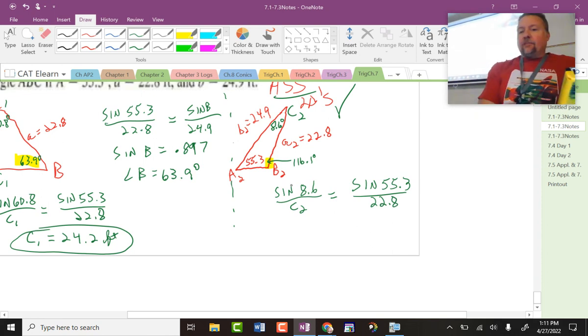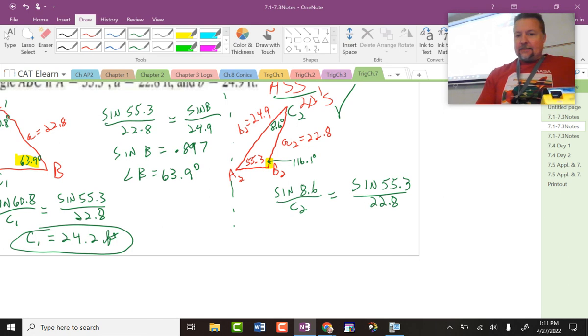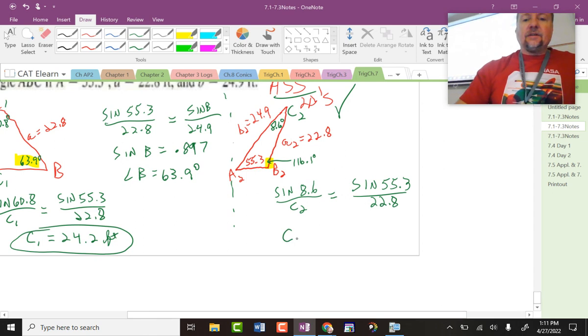Okay, multiply, switch these two. So it's 22.8 times sine 8.6. Press enter, then divide by the sine of 55.3. Press enter. Much smaller answer. C2 is a smaller length because of the acute triangle pushing that angle closer to angle 2.